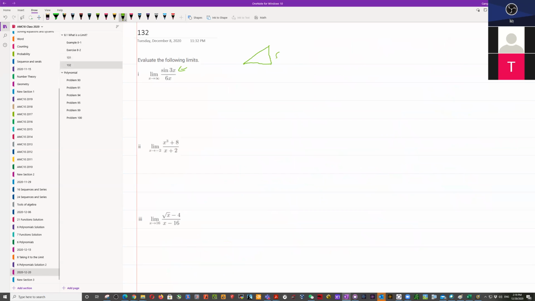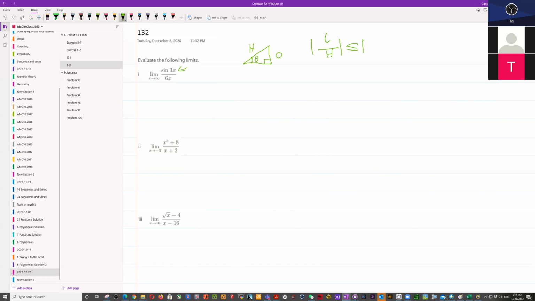It's just opposite over the hypotenuse. If you have a theta, and this is a right triangle, it's one of the legs over the hypotenuse, and no matter what theta is, it's always going to be less than or equal to 1 in absolute value.